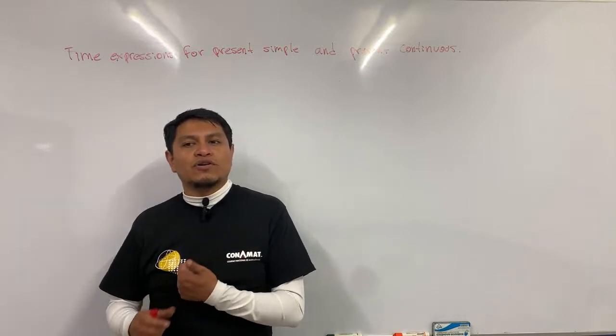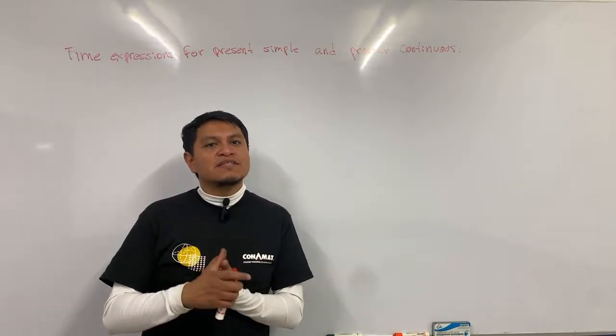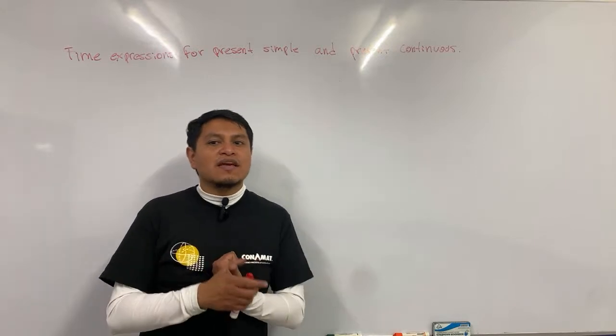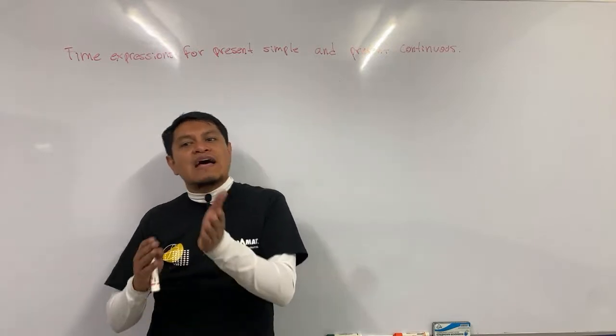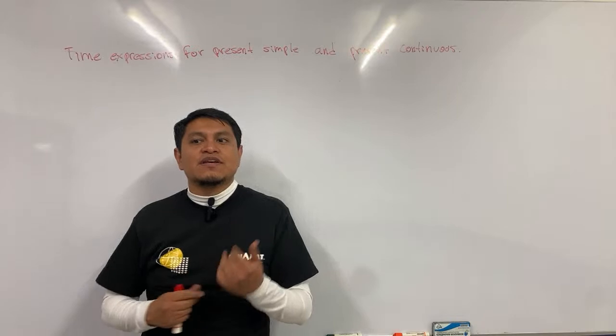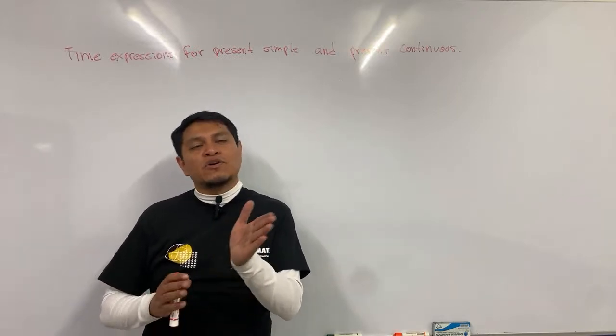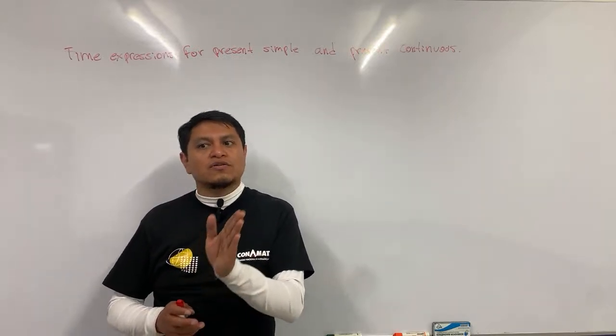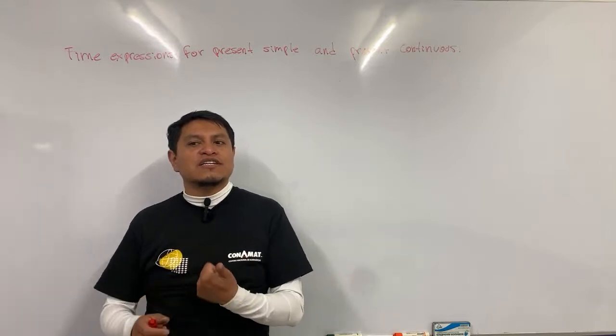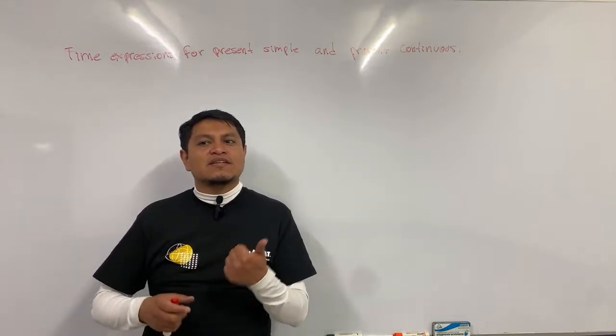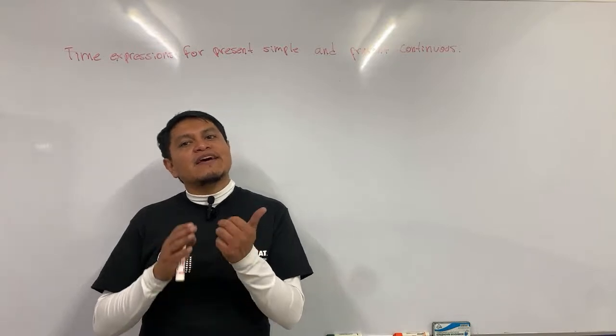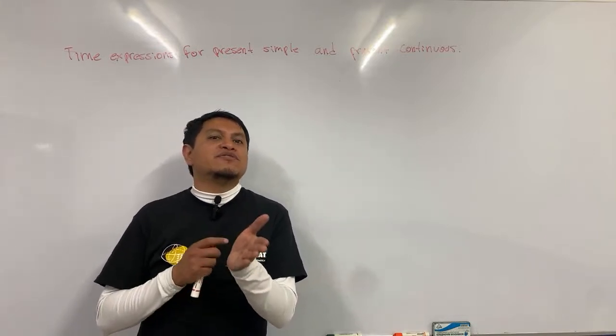You need to work on the correct use of the present simple and continuous tense, the time expressions, and frequency adverbs to describe works of art such as paintings and sculptures that you find in galleries or museums.